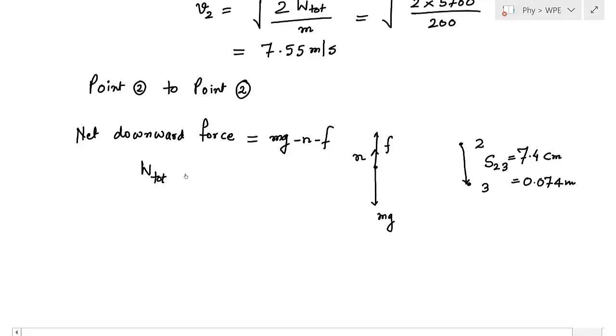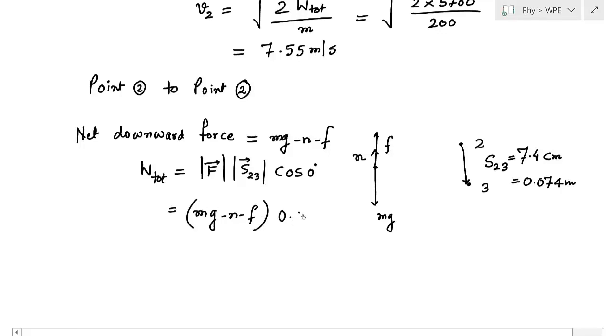So we can calculate total work, that is nothing but total force times total displacement S23, times cos of phi. Now the displacement is in the downward direction and the resultant force is also in the downward direction, so this is cos of 0 degree. So this is simply the magnitude of F, that is mg minus n minus F, and displacement S23 is 0.074 meter.